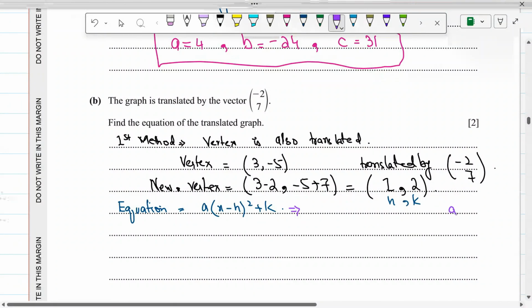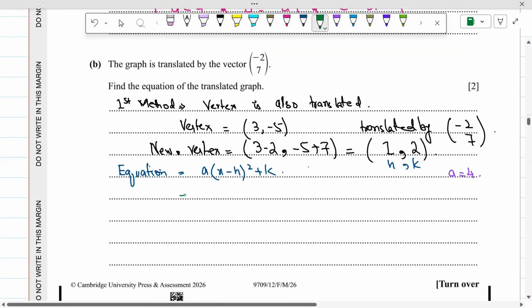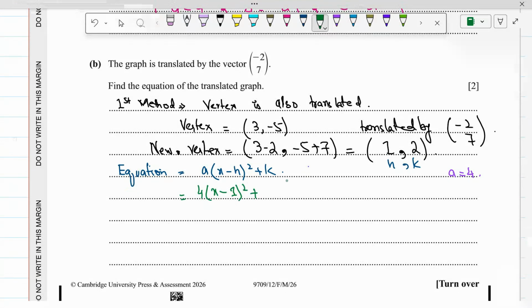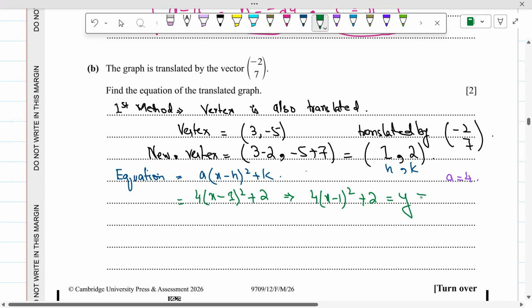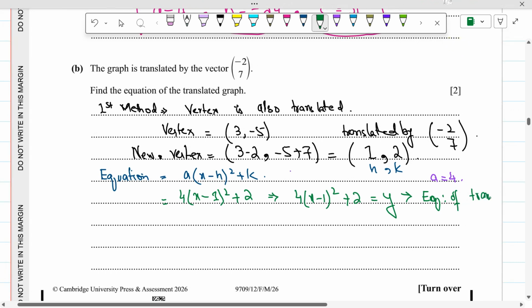So a is 4, and this is 4 times (x minus 1) whole squared plus 2, which is y, and this is the equation of the translated parabola.